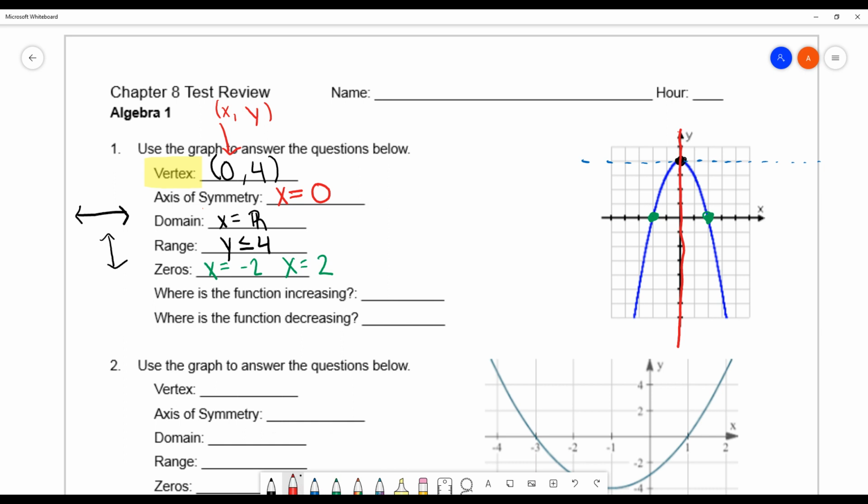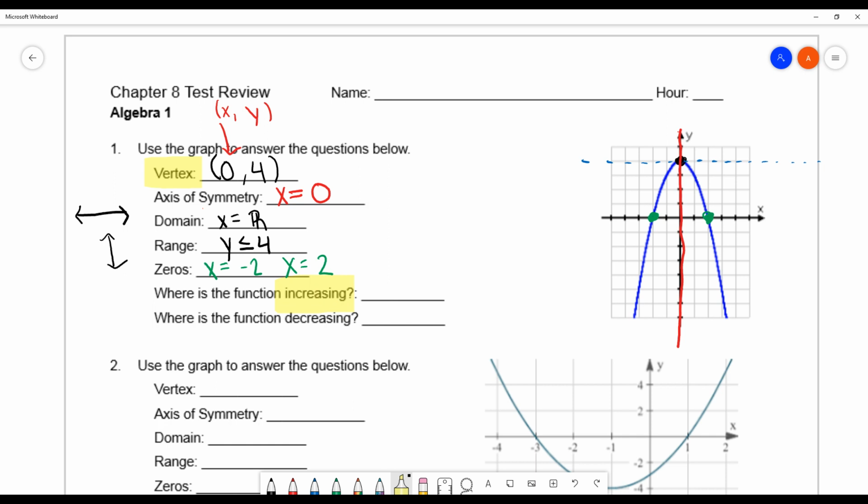The last thing we're going to talk about is when the function is increasing and decreasing. And to do this, I have to go back to my axis of symmetry. So the axis of symmetry cuts my graph into two symmetrical halves. I want to figure out where is my graph increasing, okay? So that means when is my graph going up?